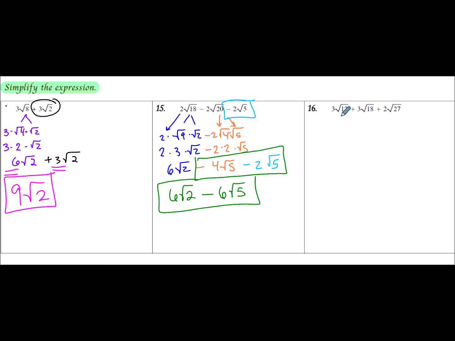All right, number 16. So I see 4, radical 4 times radical 3. Don't forget the 3 at the front. So that's going to be 3 times 2 times radical 3, or 6 radical 3. The middle portion is 3. I hope you can see the 9 times the 2.